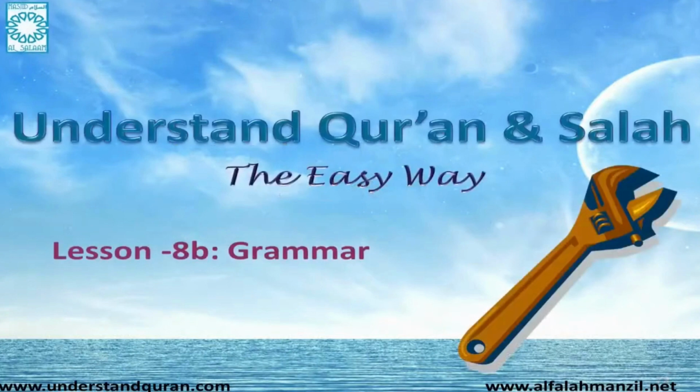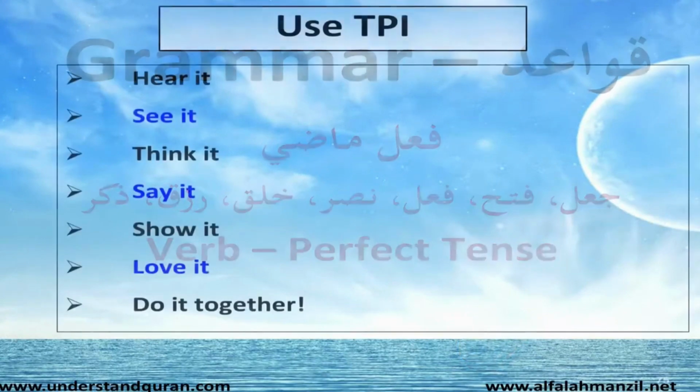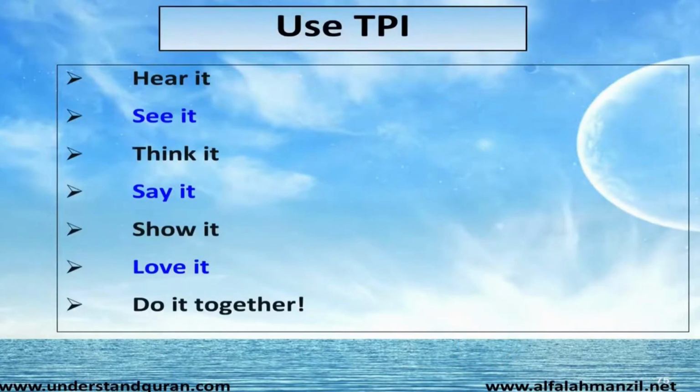So today we are going to learn the verbs. In Arabic, the verb is known as the fa'al. If you remember the definition of the noun, the difference between a noun and a verb was that a noun is the name of a thing, place, or a person, and also other things like adverbs and adjectives.